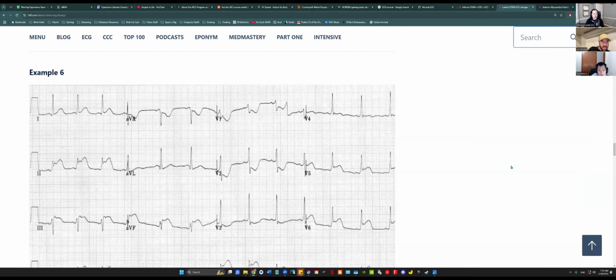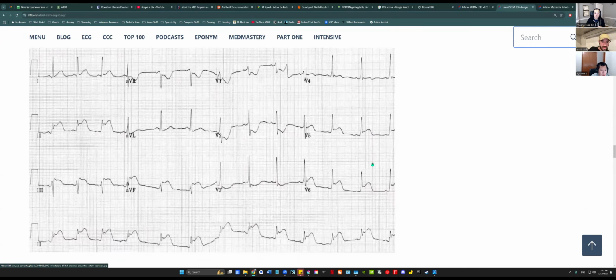Let me know if you need me to isolate this from the page. I can see elevation everywhere here. Inferior, this is everywhere. It's just depressions in anterior and right.